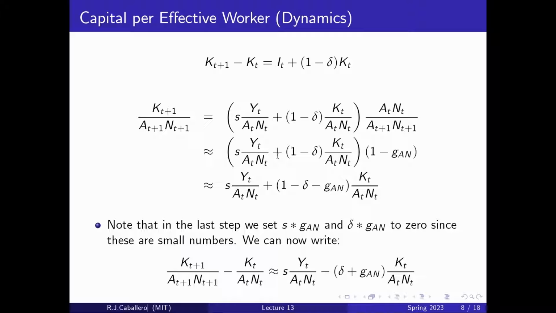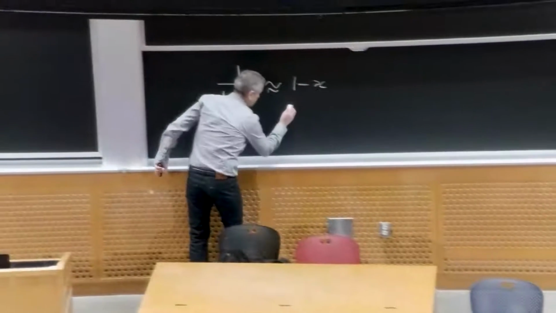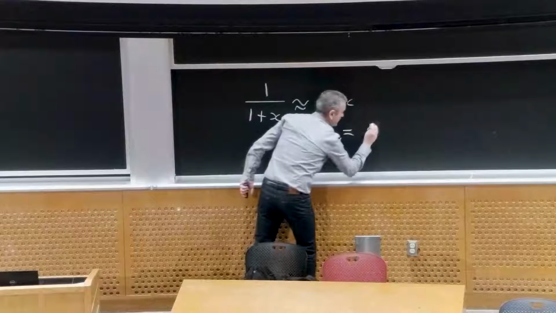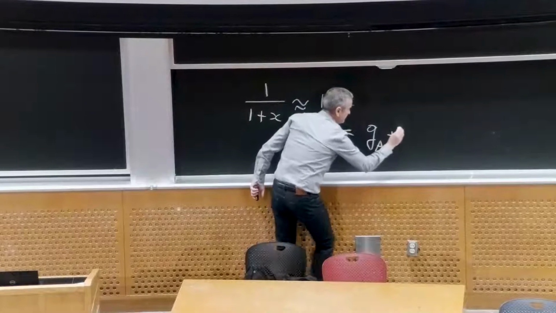Step two, I multiplied each of these terms by A_t N_t, and divided by A_t N_t. And then I regroup things, so I end up with that. Well, this, using the approximation we have here, is approximately equal to 1 minus g_AN. And g_AN is equal to g_A plus g_N.